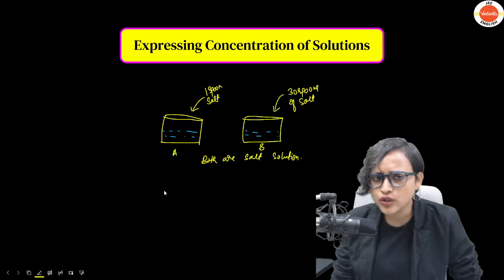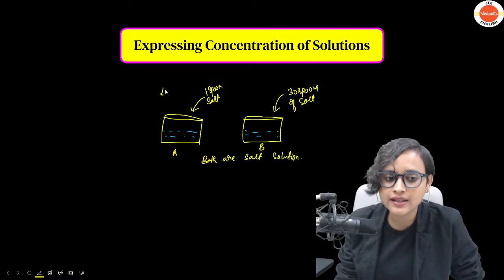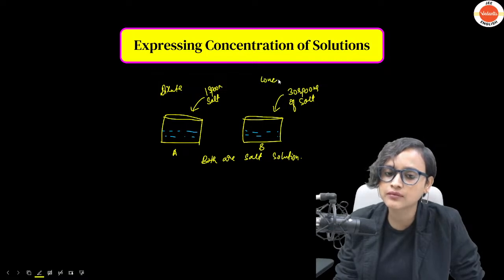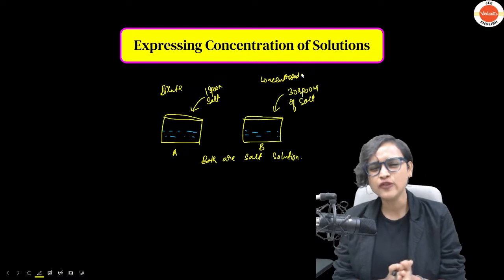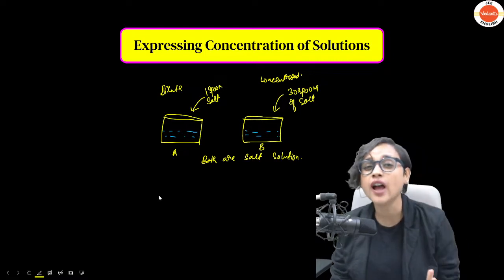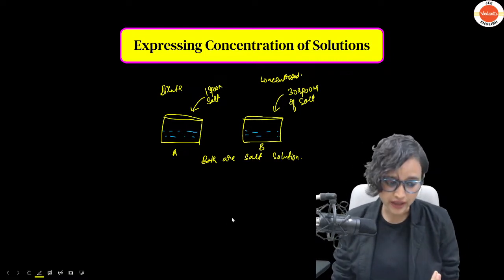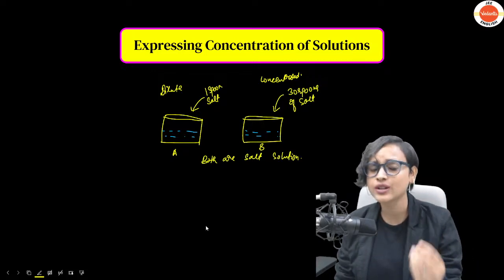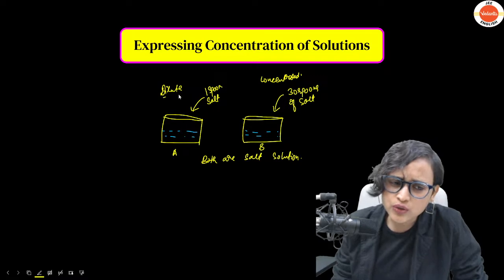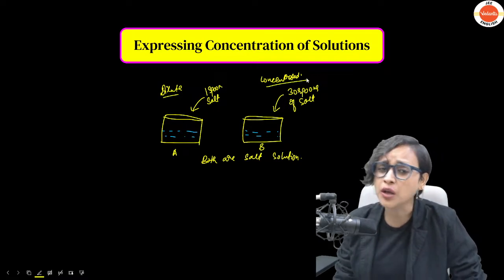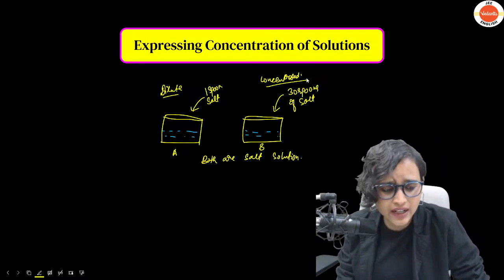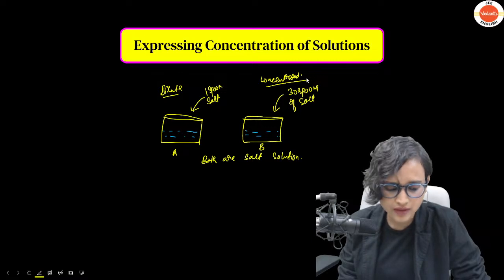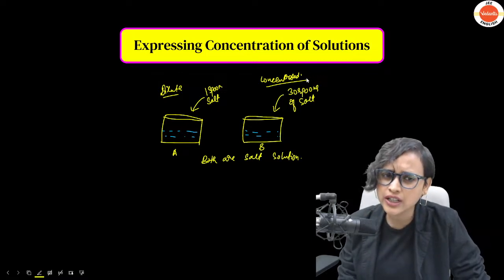Now, I can also use the term that this is dilute and this is concentrated, right? But even then, we know that in science, we always deal with accuracy and precision. So do you think that just by using the words dilute and concentrated, I am sorted enough?